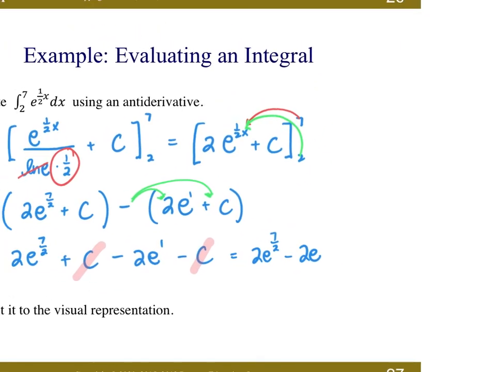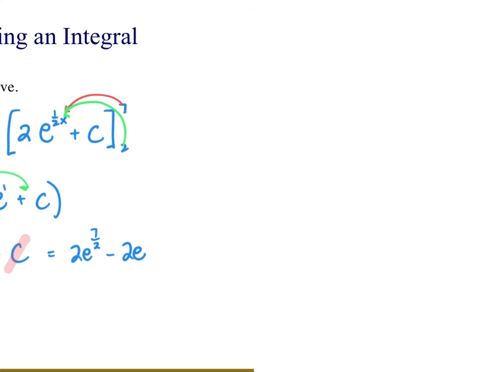Now we want to connect this to its visual representation. So the graph of e to the half x comes down like this. And then going from 2 to 7, there's 2, 3, 4, 5, 6, 7. So this is a small little area.